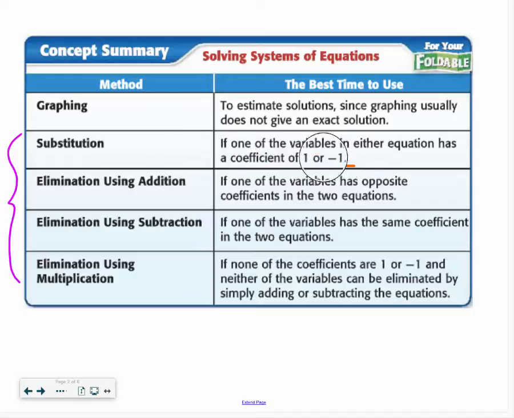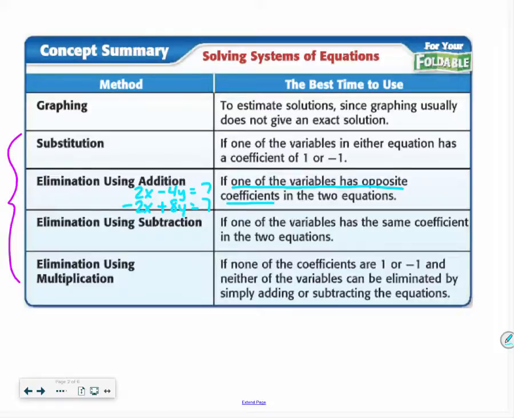Elimination using addition is good when you have one of the variables that has opposite coefficients in the two equations. So what that means is if I had 2x minus 4y equals 7, and negative 2x plus 8y equals 7, I have a positive 2x and a negative 2x.